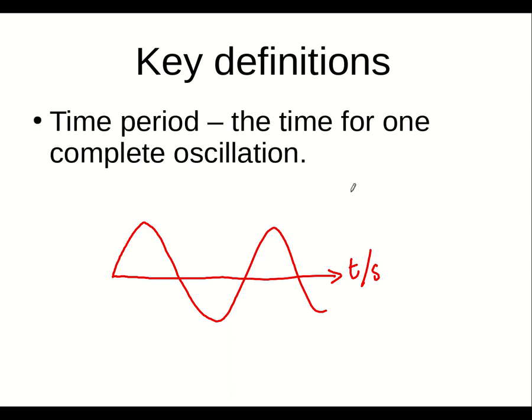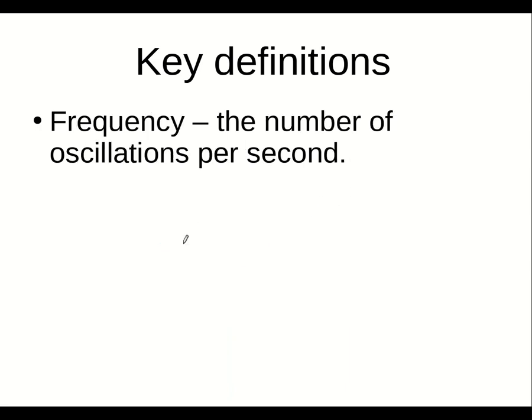And you should remember that the frequency, which is the number of waves per second, is equal to 1 over the time period, and the time period is equal to 1 over the frequency.